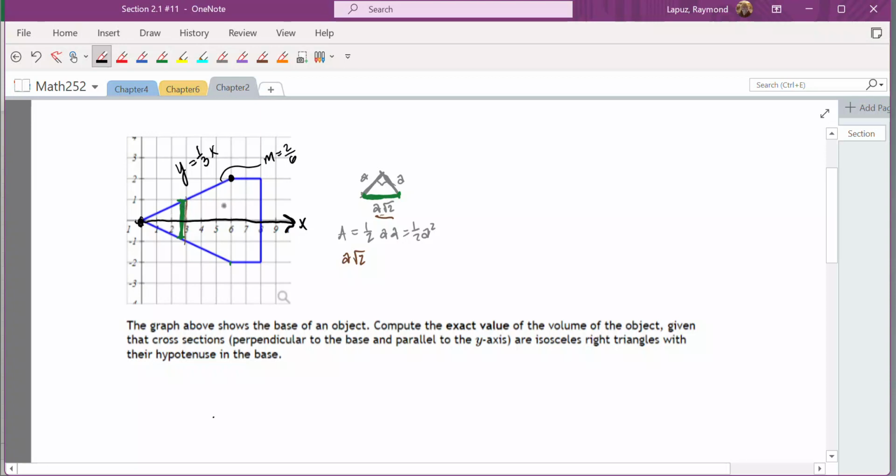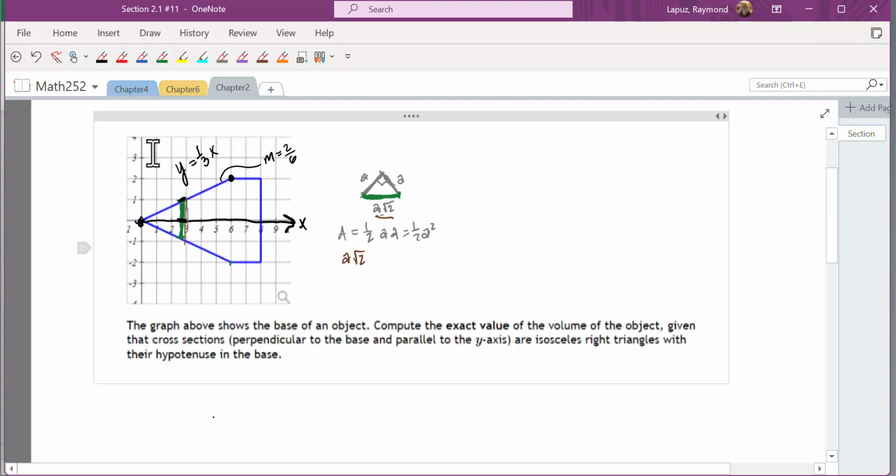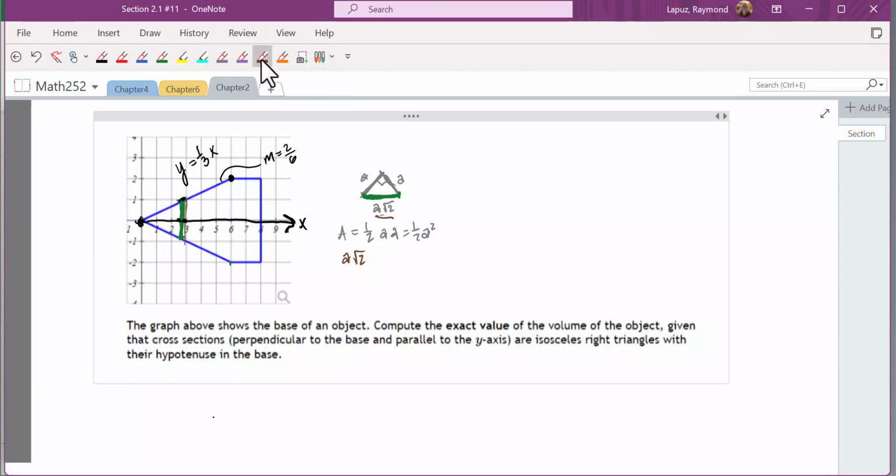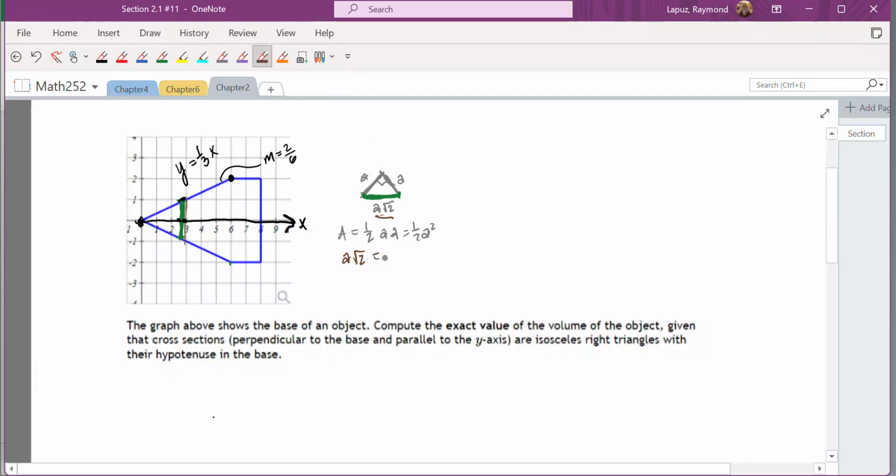So now that we have that slope, this distance from the x-axis to that graph is 1/3 x for some x value that we randomly chose. But we want the actual base, and that actual base is actually twice that. So we will rewrite this base as 2 times 1/3 x.